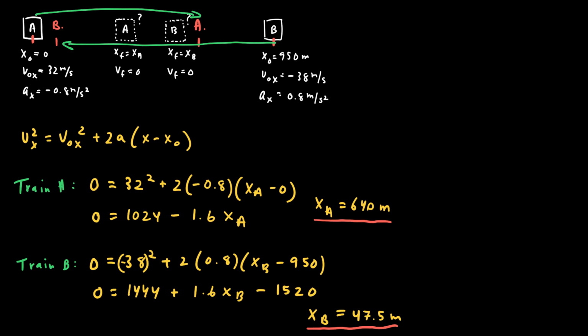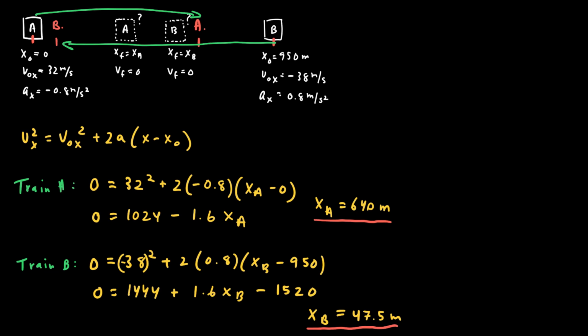Now, I don't know exactly where that collision is going to take place. We could determine what that position would be, but by assuming that the trains were on separate tracks and analyzing the motion of the trains separately, this does tell me that a collision will occur.